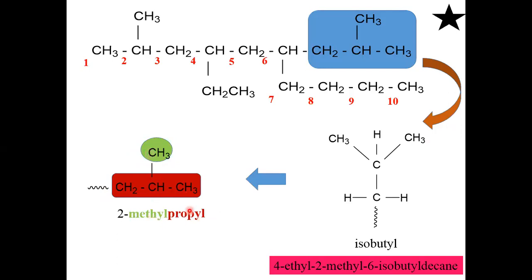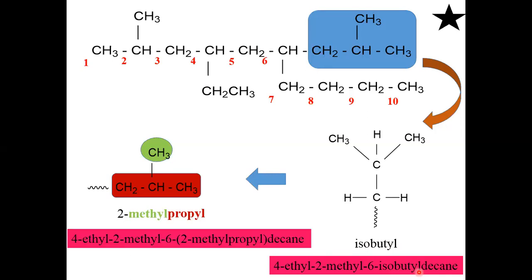Okay, so the whole thing 2-methyl propyl can be substituted for your isobutyl. It is equivalent to. So kamu akan dapat 4-ethyl 2-methyl 6. Isobutyl ni terus tukar kepada 2-methyl propyl yang kita dah cari dekat sini tadi.